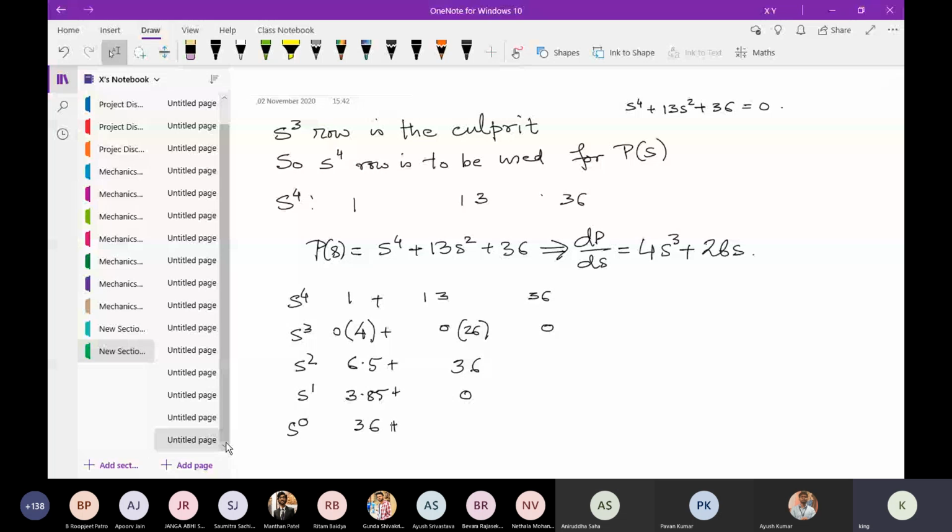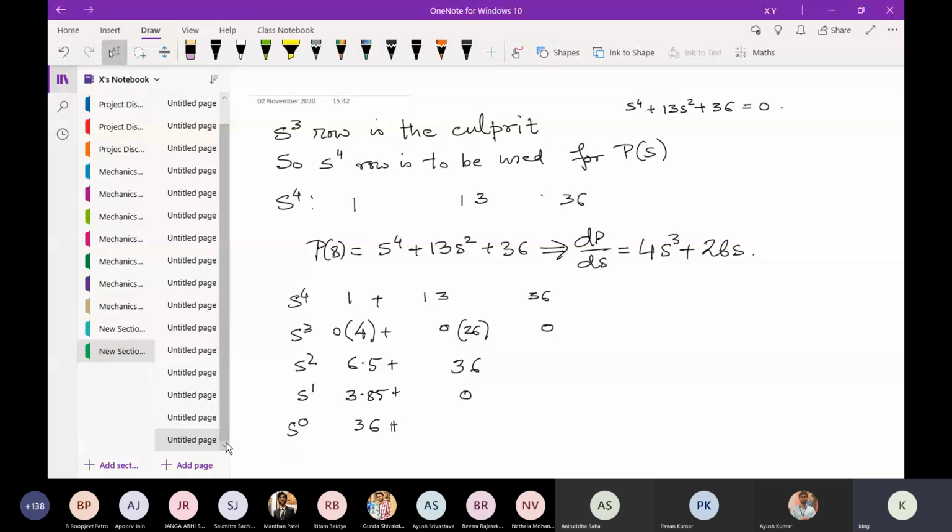So when you have such a situation, all zeros and no sign change, then that means you are looking at roots on the imaginary axis.